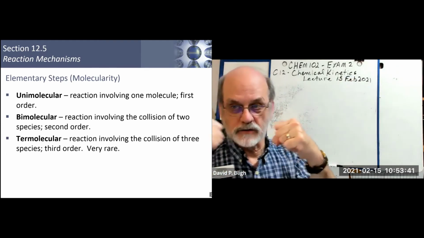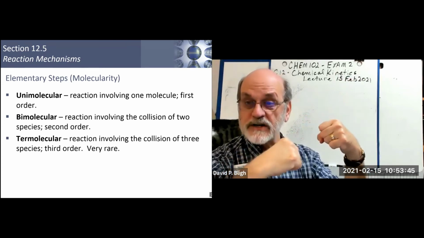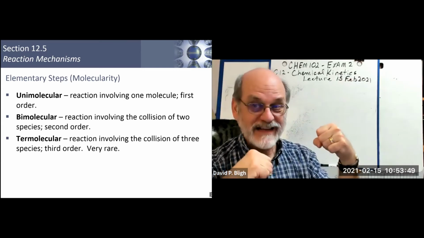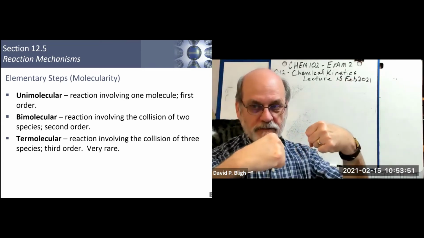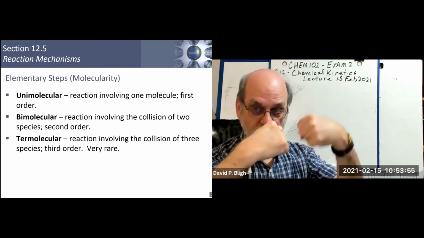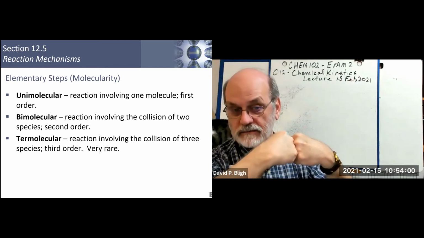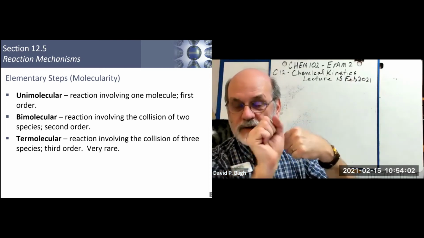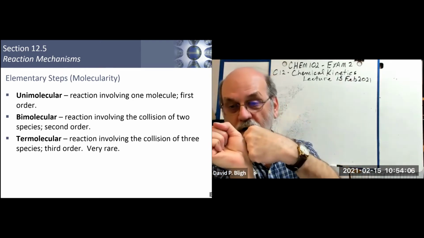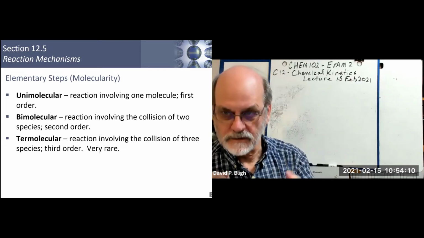You have two molecules coming together with sufficient energy, of course, and orientation. So if the bonds that are involved in the transformation are on this side of the molecules, then you may have a reaction. But if they come together, no matter how fast, and they're oriented improperly, no reaction. So the probability for a bimolecular is much lower.